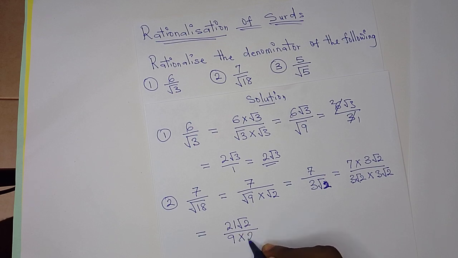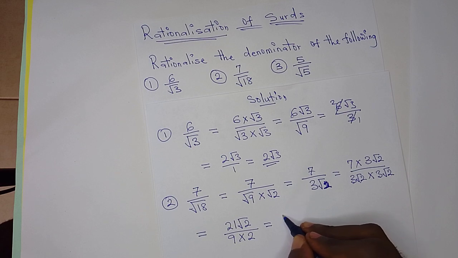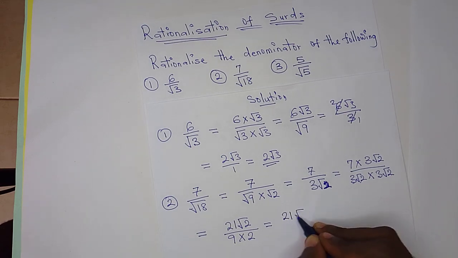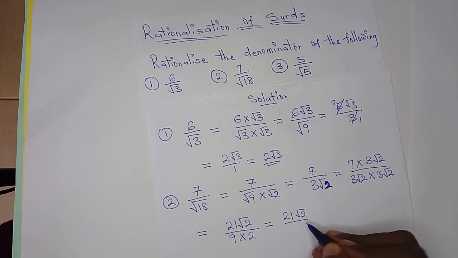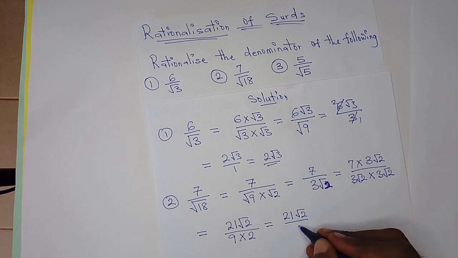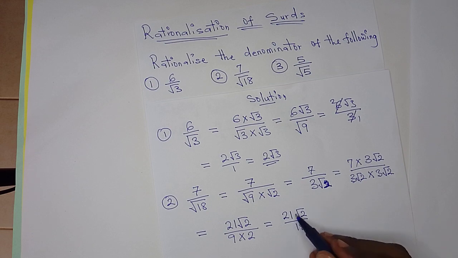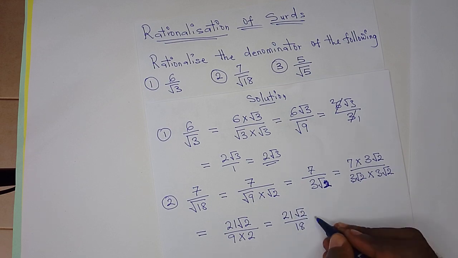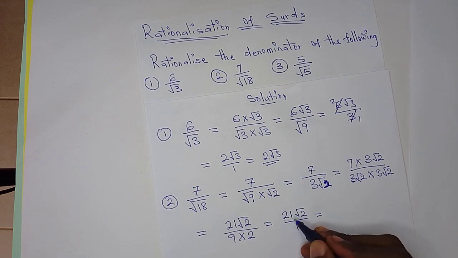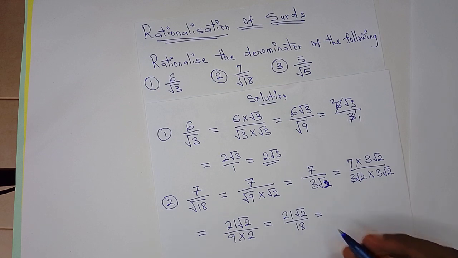So we are going to multiply that 2 by this 9. So that's going to give us 21 root 2 all over 9 times 2, which is 18. Now, we can further simplify this because there is a number that can cancel 21 and cancel 18. And that number is 3.